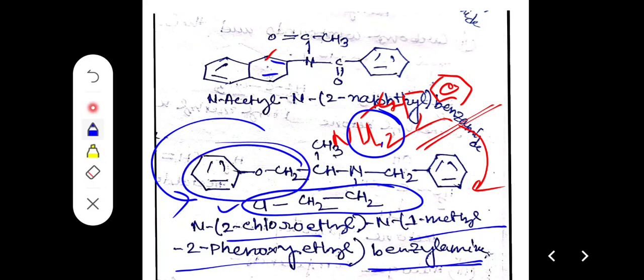This is okay. That's why we termed it as N hyphen in bracket 2-chloroethyl, then hyphen N hyphen in bracket 1-methyl-2-phenoxyethyl, then bracket close, benzylamine. Okay.